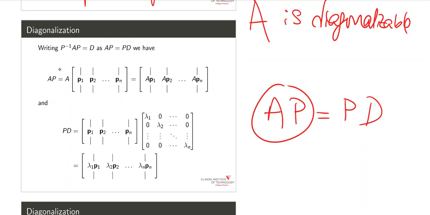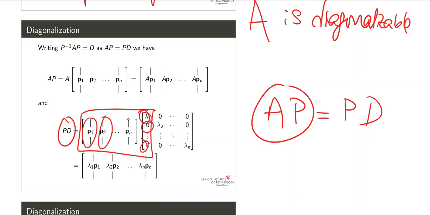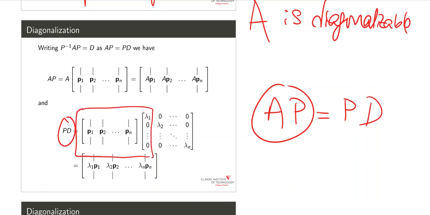We computed AP already, and now we compute PD. Again, I'm writing the columns of P and multiplying by D. From matrix multiplication, the first column is lambda 1 times P1, plus 0 times the next column, plus 0 times the next, all the way to 0 times the last.